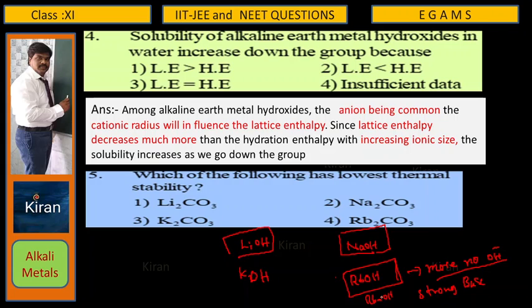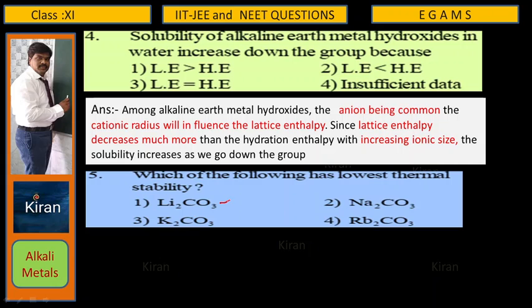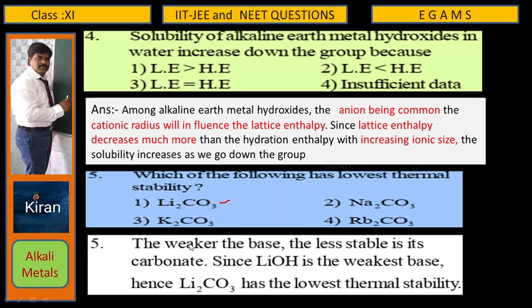Because of this reason, the OH minus ions are easily formed in water. So this base is strong, this base is weak. If the base is weak, the thermal stability of its salts is also weak. Hence the right answer is this. The weaker the base, the less stable is its carbonate. Since LiOH is the weakest base, Li2CO3 has the lowest thermal stability.